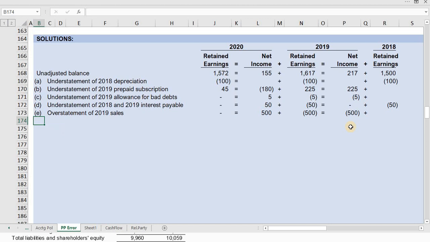So let us start with 2018. Again, the goods in transit in 2018 is 80 pesos. And since these were already recorded as purchases in 2018, though the goods are still to be received in 2019, it means that the purchases in 2018 is overstated. And we all know that purchases is part of the computation of cost of goods sold.